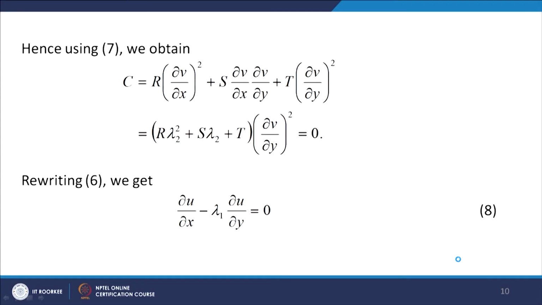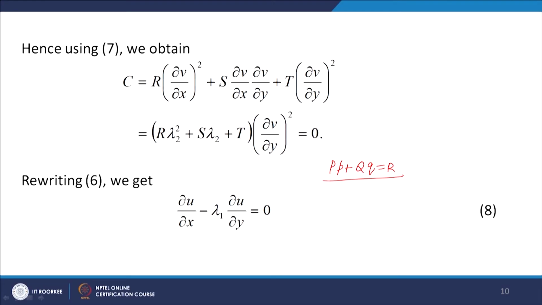Now, it is a Lagrange equation. This is of the form Pp plus Qq equal to R. Here the dependent variable is u, and the independent variables are x and y. So, this small p and small q here are u x and u y.